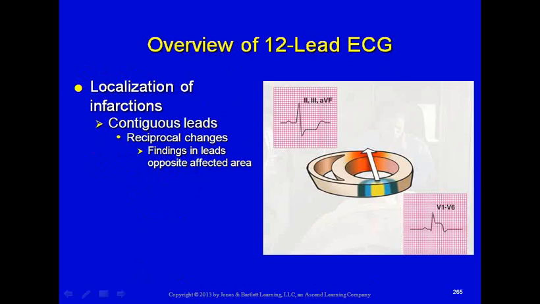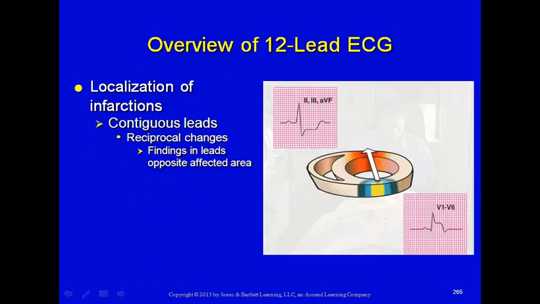Reciprocal changes. You may have heard of reciprocal changes. What reciprocal changes are, are findings in leads opposite of the affected area. So if I've got elevated ST segments in the V leads, I would expect to see ST segment depression in 2, 3, and AVF, because those are the reciprocal leads to the anterior leads.